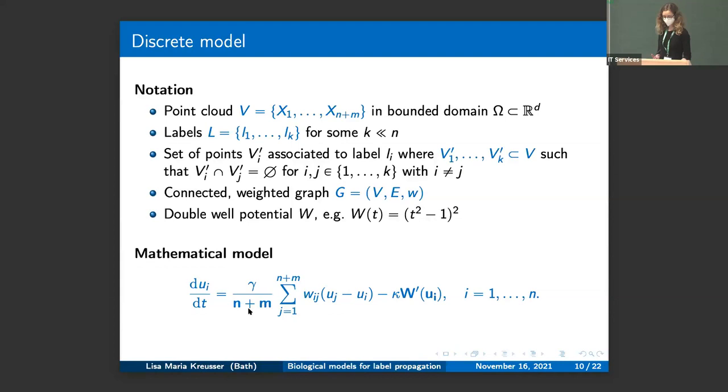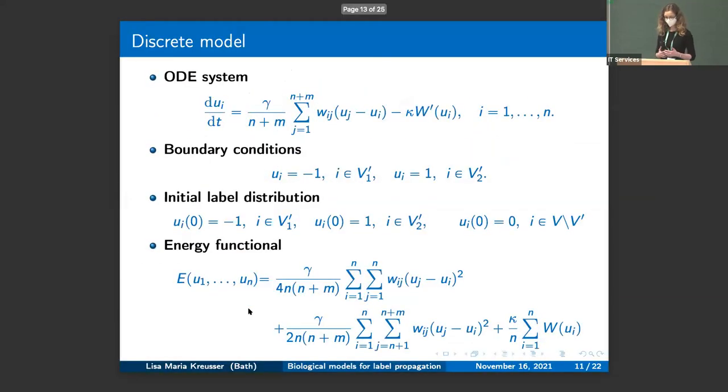Having this functional as a starting point, with the boundary conditions given by u_i equal to -1 on this set V_1' and u_i equal to 1 on this set V_2', if you only consider two possible label classes for now, then another condition we need to think about is the initial label distributions.